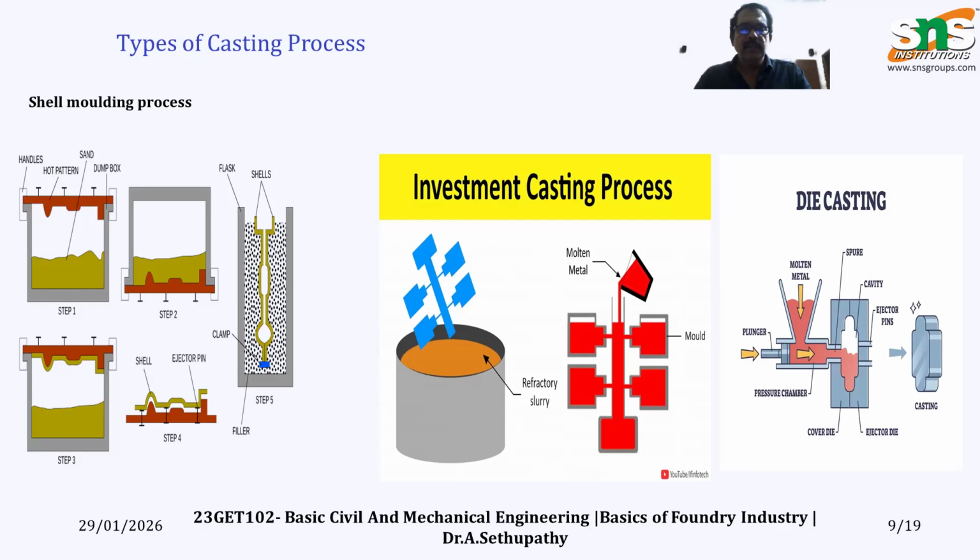Again we repeat the process from the first stage to the third stage. The box is tilted and rotated 180 degrees, the pattern is heated, and the resin-coated sand is again coated on the pattern. Now we get the two parts of the shell.